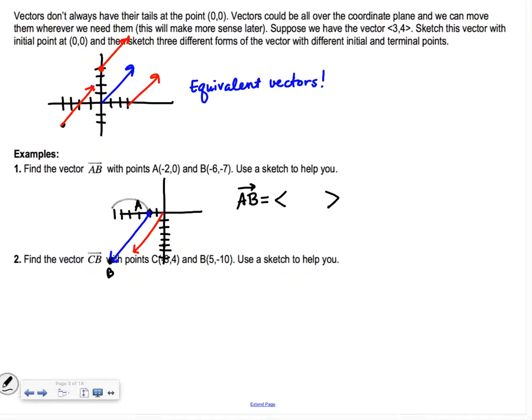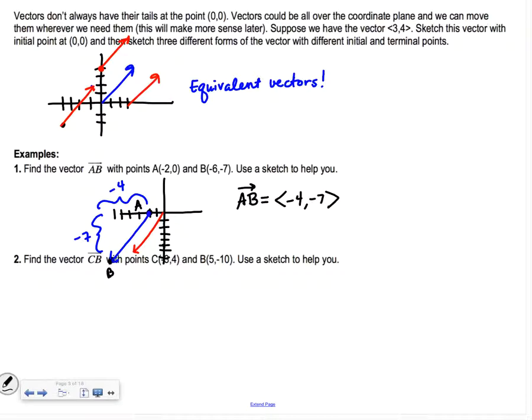I went over to the left how much? -4. And then down 7, right? So that means that this red vector that I drew will have to go to the left 4 and down 7. So its component form is -4, -7.